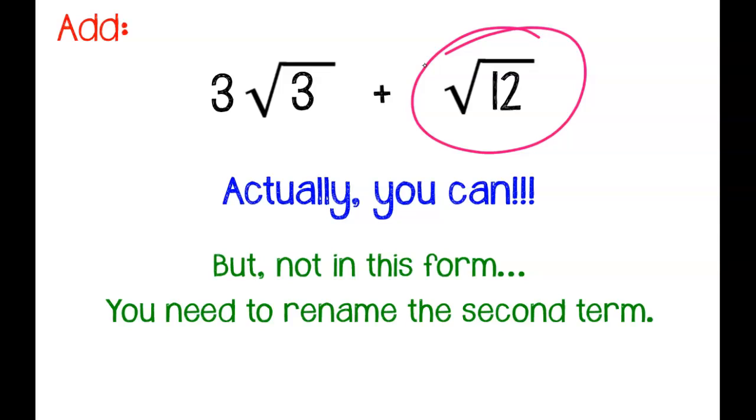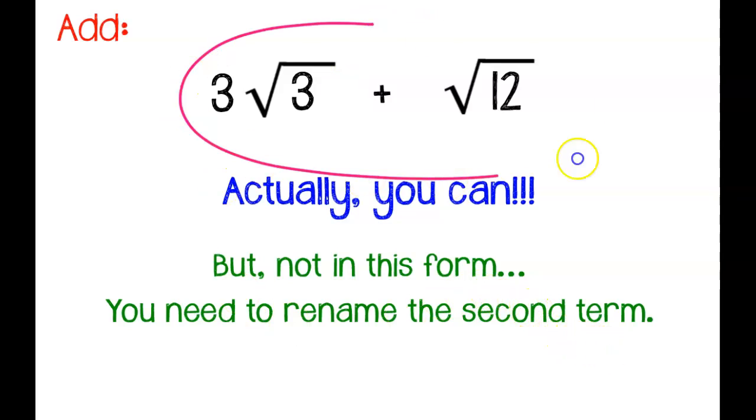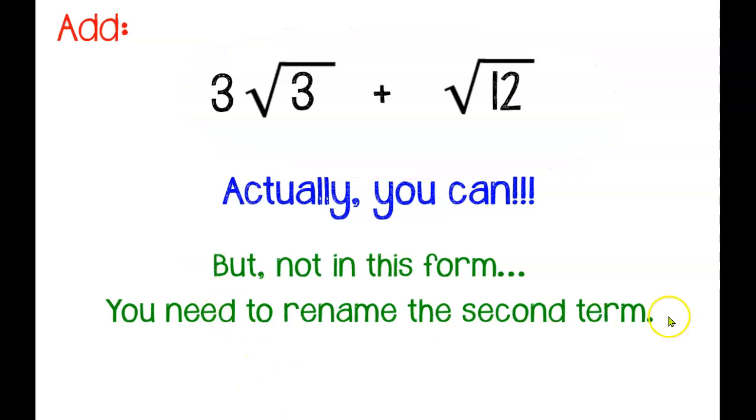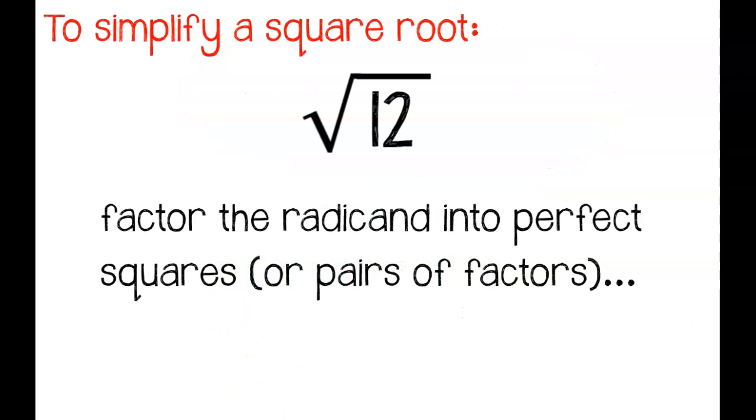And if I can write it in such a way that it comes out with a radical 3 in it, then I could add these together. Now, we're not going to practice adding these today. We'll do that in a future lesson. But the whole point of our lesson today is for you to recognize if this problem can actually be done or not. So let's get started with the actual simplifying.